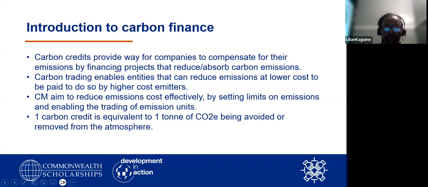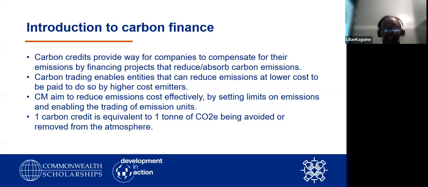So what is carbon finance? In very simple language, one carbon credit is equivalent to 1 ton of CO2 or carbon emission that either is being avoided or removed from the atmosphere.